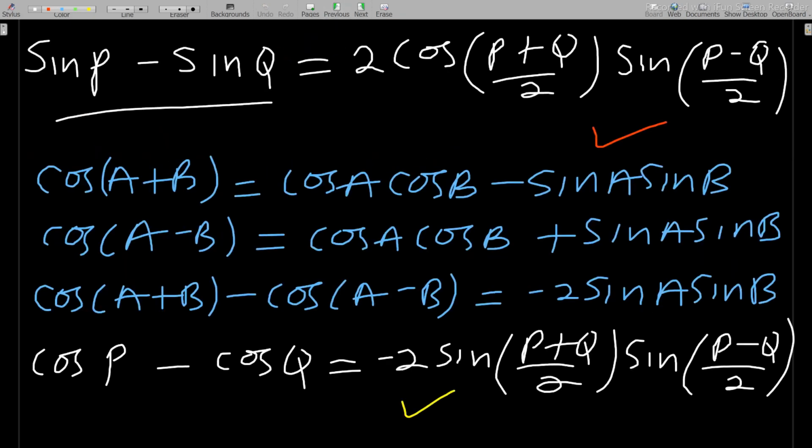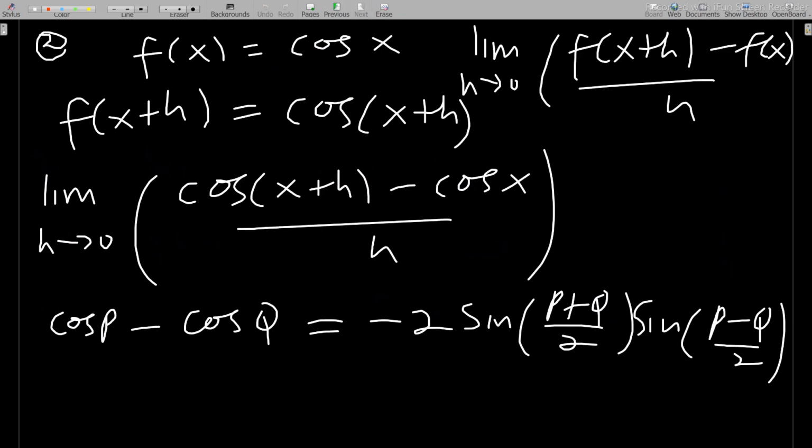Indeed, it is true. This is what we have here, the down one. I hope you can see it. So here we put p equals x plus h and q equals x. Then this will be very simple for us to do.